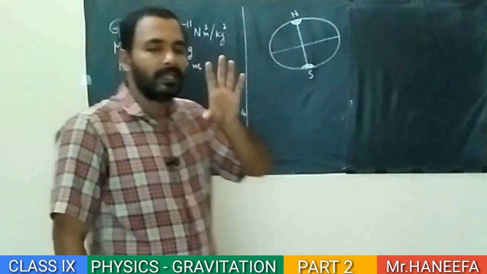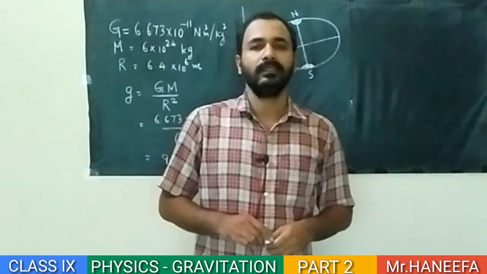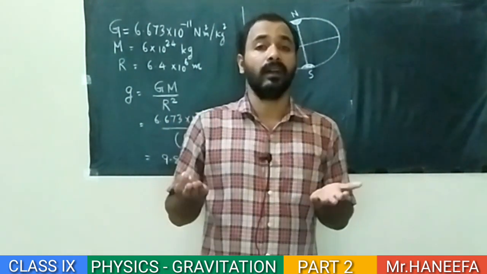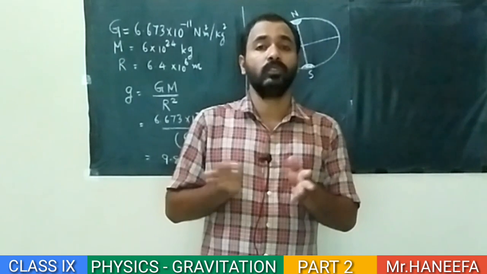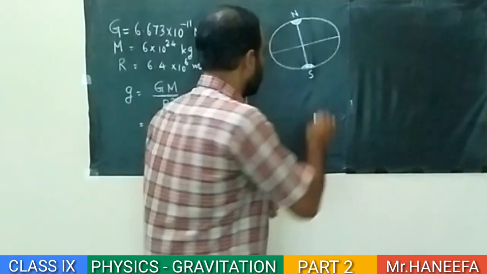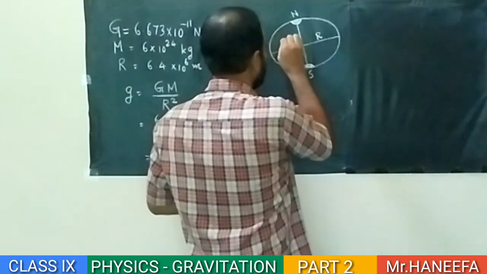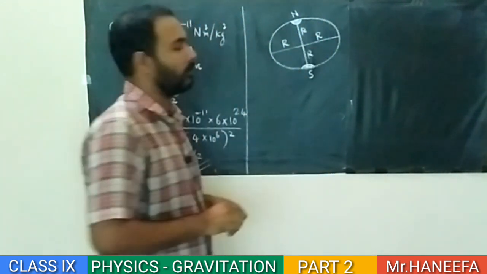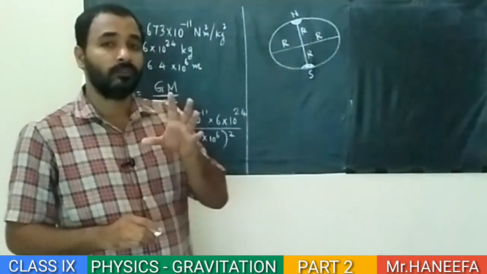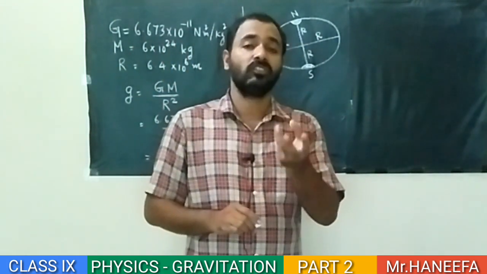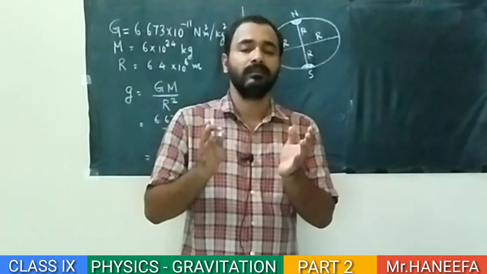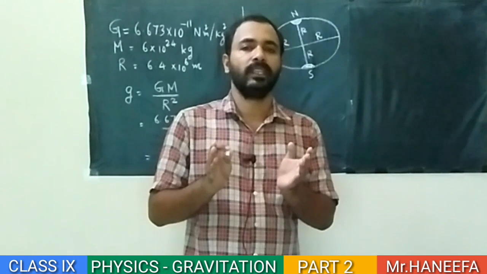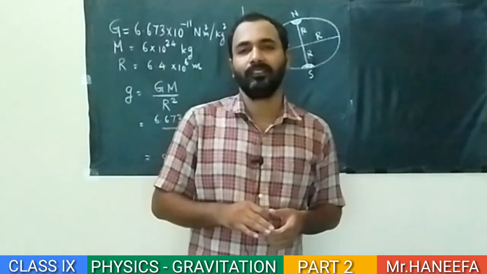Okay, so equatorial lines and poles. In the case of equatorial lines, radius is large as compared to poles. So this is the radius of the earth, r. Radius of the earth is greater in equatorial than at polar regions.